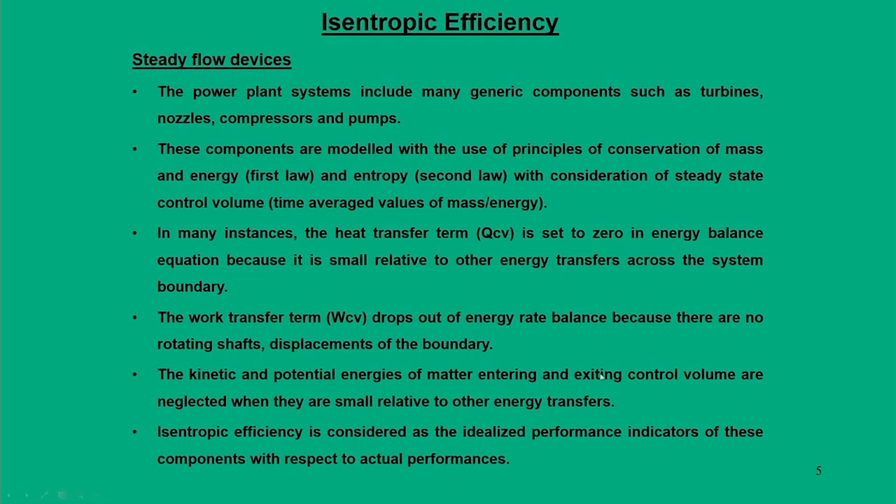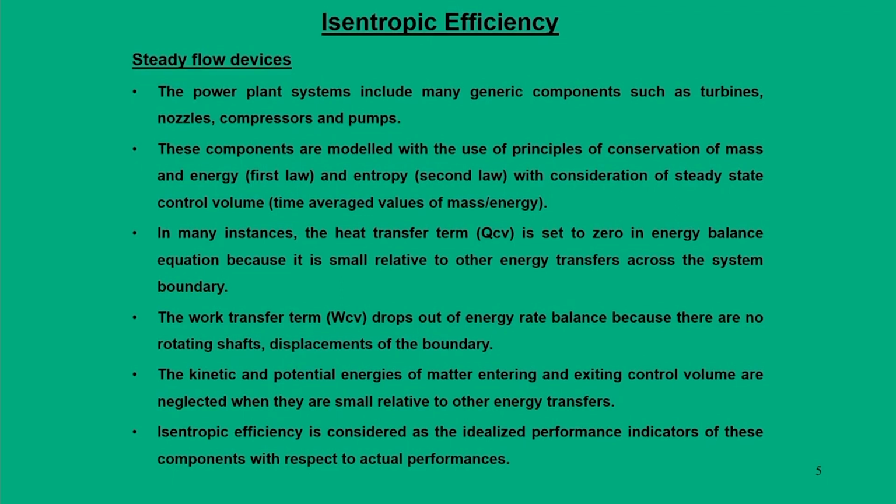Now, let us move back to the importance of this isentropic process and when we deal with isentropic efficiency. All the steady flow devices that are used in the power plants undergo certain thermodynamic processes, and if the process is internally reversible, the analysis can be done through an isentropic process.